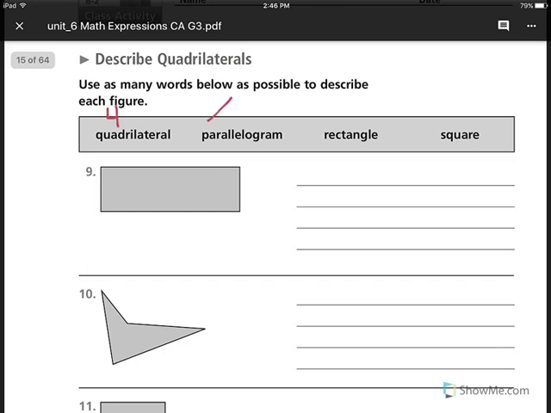Parallelogram means opposite sides not touching, right? Rectangle is right angles, and square is right angles.